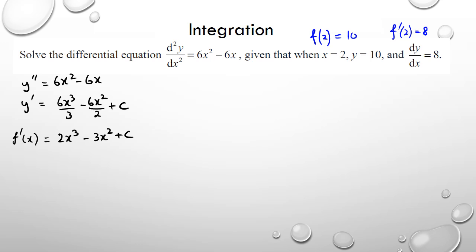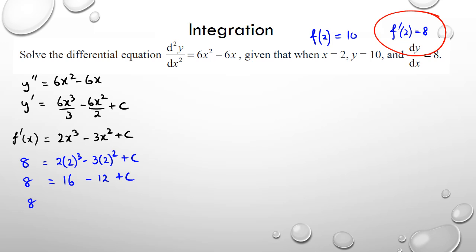Now because f dash of 2 equals 8, I can put this as 8 is equal to 2 times 2 cubed minus 3 times 2 squared plus c. So this ends up being 8 equals 16 minus 3 times 4, which is 12, plus c. So 8 is equal to 4 plus c, and c is equal to 4. So my f dash of x is now equal to 2x cubed minus 3x squared plus 4.